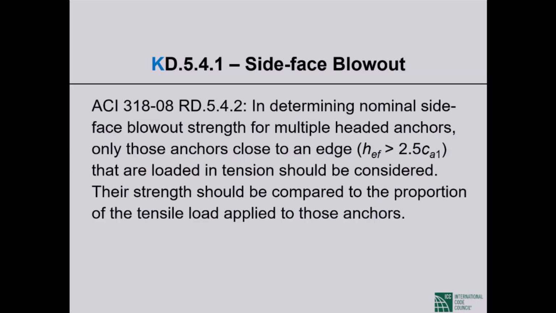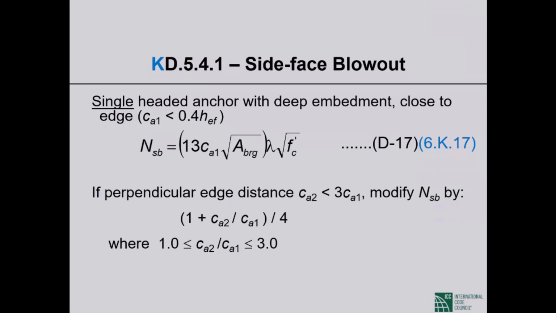Only those anchors close to an edge that are loaded in tension should be considered. Their strength should be compared to the portion of the tensile load applied to those anchors.